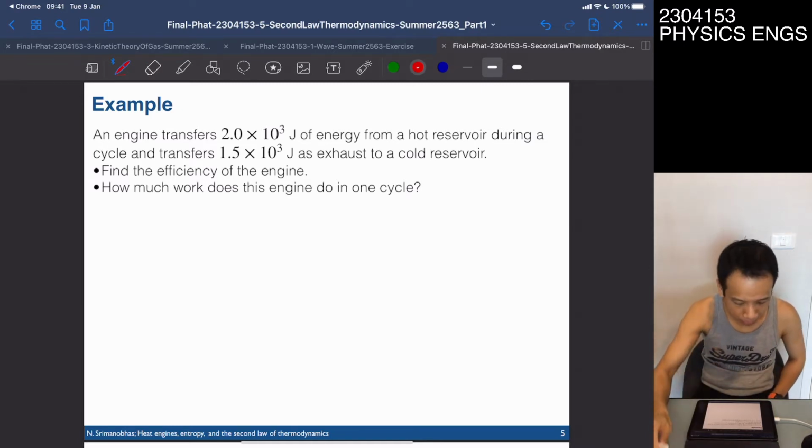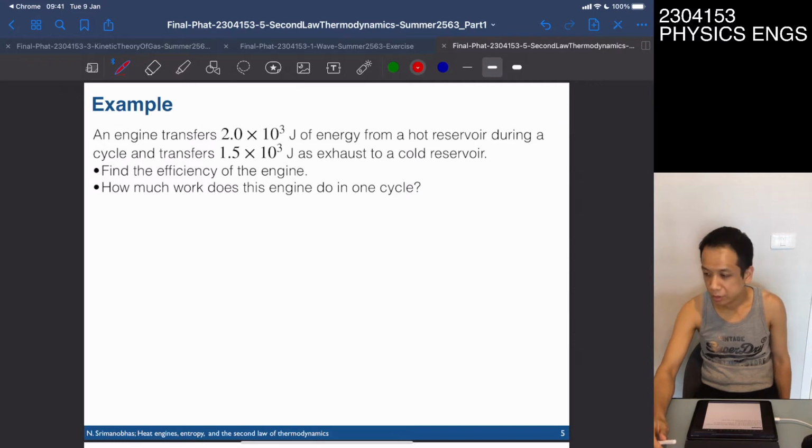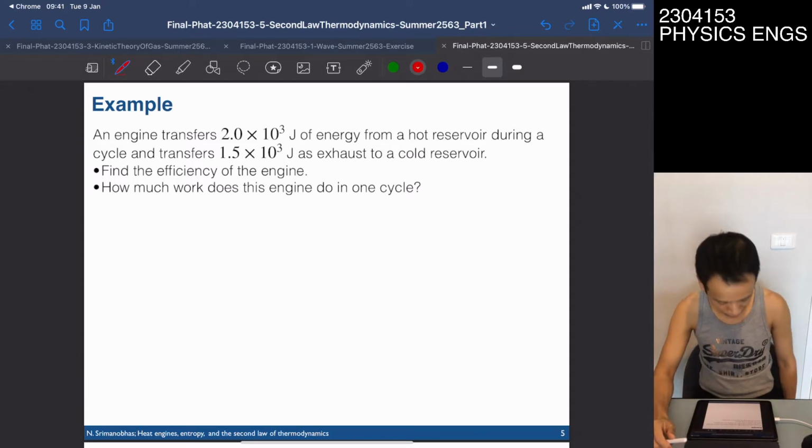We would like you to find the efficiency of the engine and how much work the engine does in one cycle. Let's give you a minute to try to write how you can solve this problem.